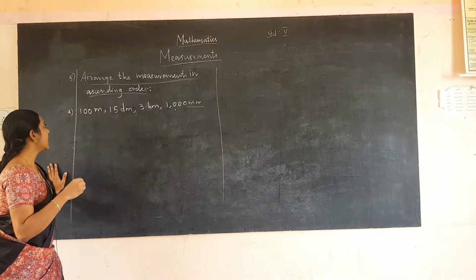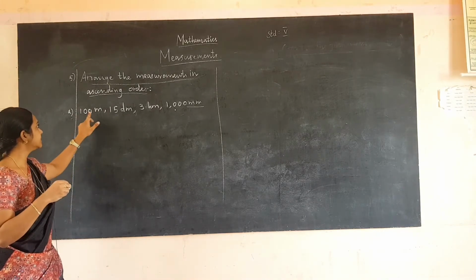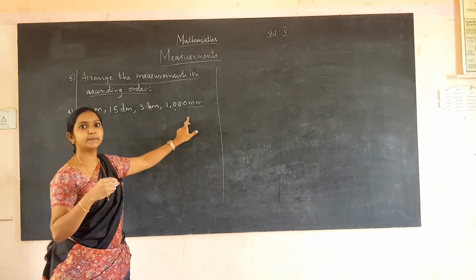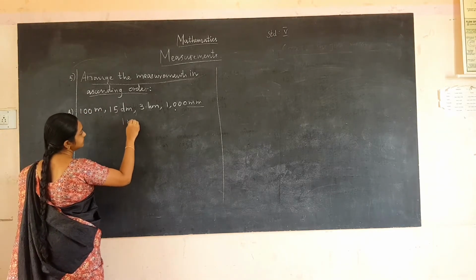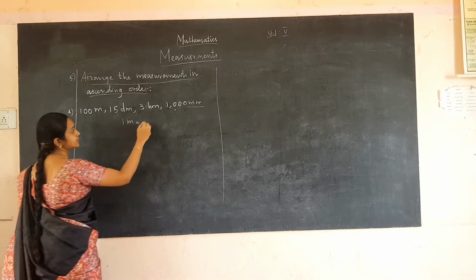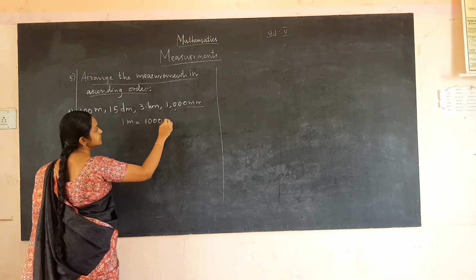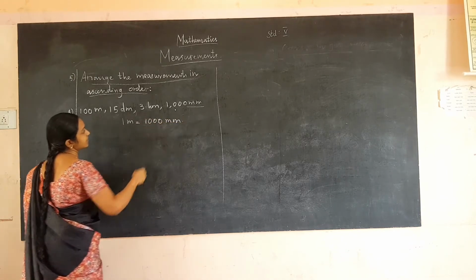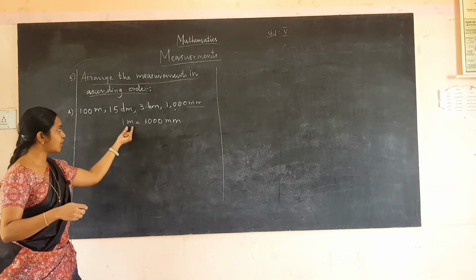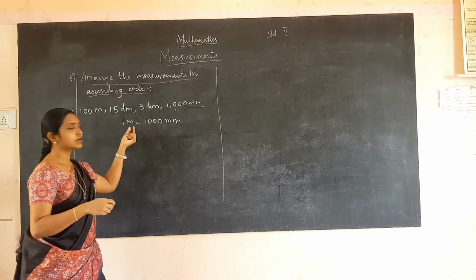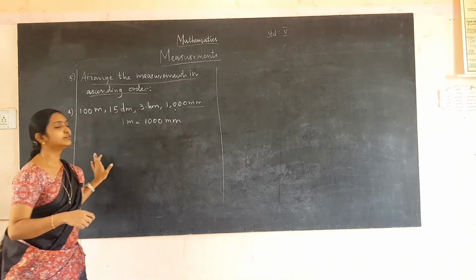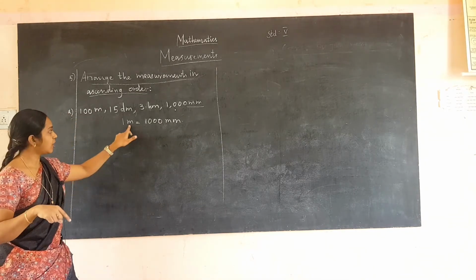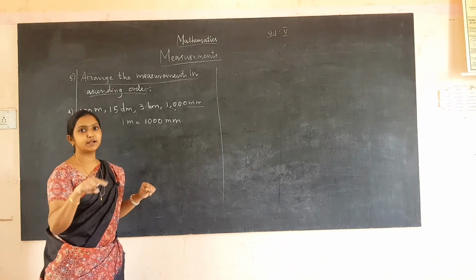So first I am going to convert 100 meter to millimeter. 1 meter equal to 1000 millimeter. We are converting from larger unit to smaller unit, so we have to multiply.